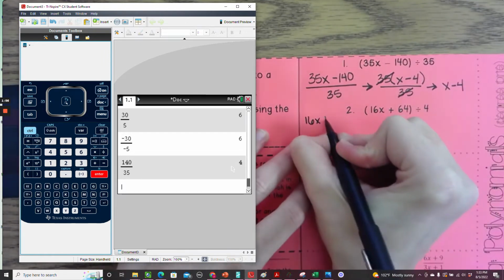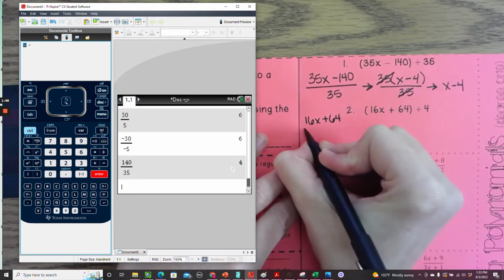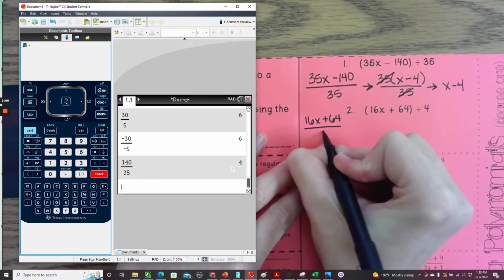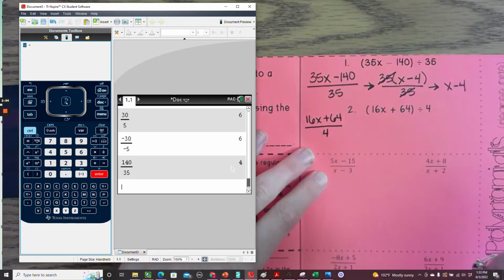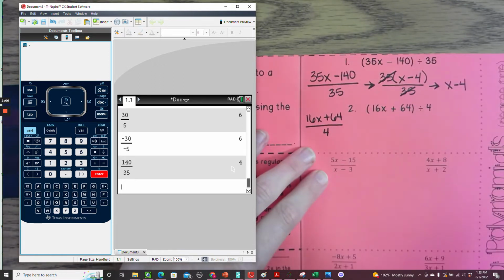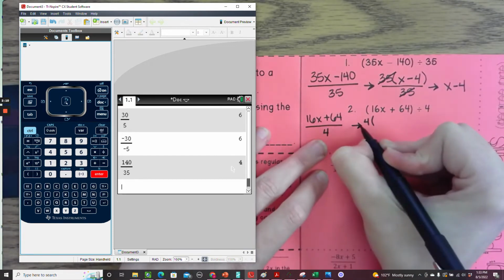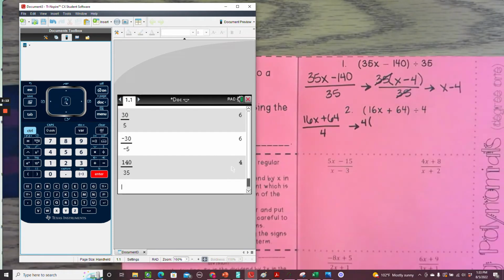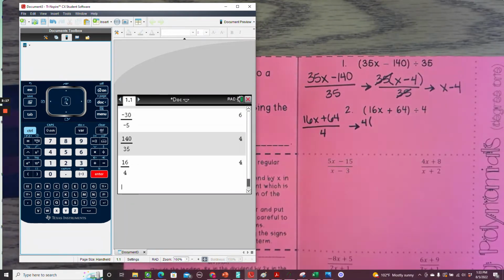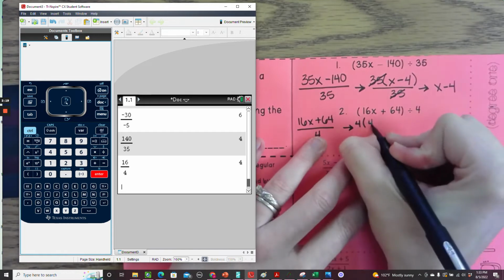16x plus 64 divided by 4. Here I want to factor a 4 out. 4 times what gives me a 16? I can just use division there. 16 divided by 4 gives me a 4, so this would be a 4x.